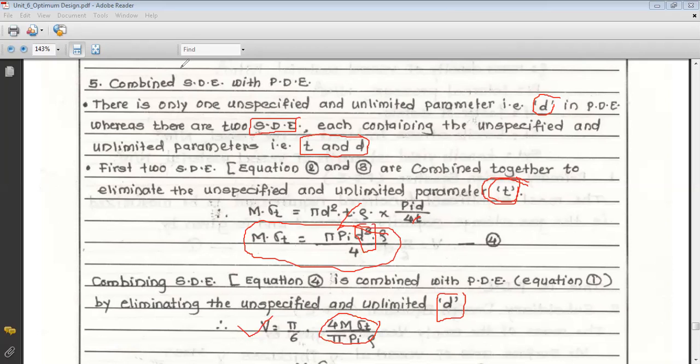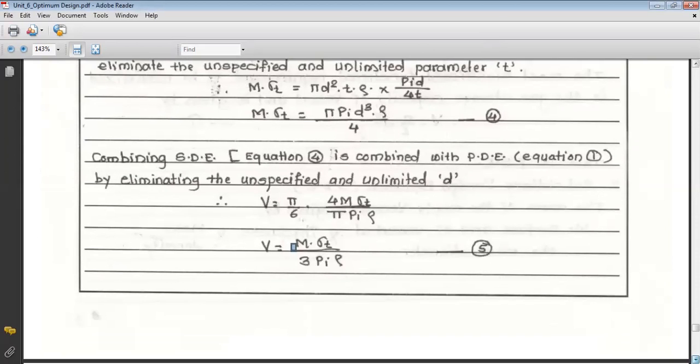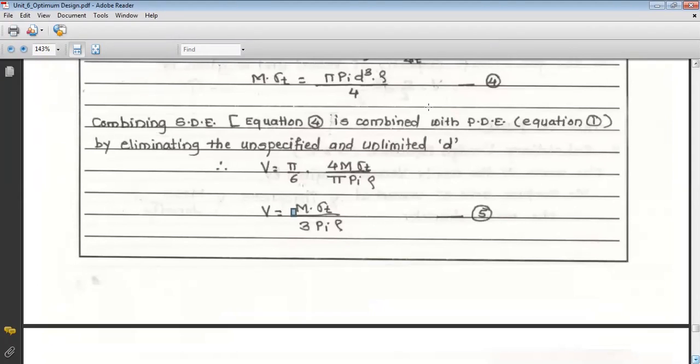If we simplify this, we get the developed primary design equation after combining all subsidiary design equations, that is 2 by 3. So the developed primary design equation is 2 by 3 m into sigma t upon pi into rho. So this is the developed primary design equation after combining both subsidiary equations.